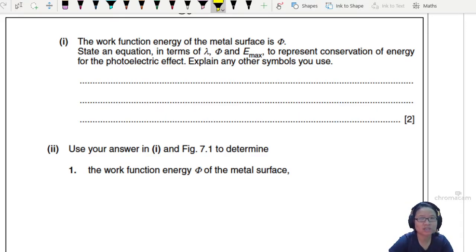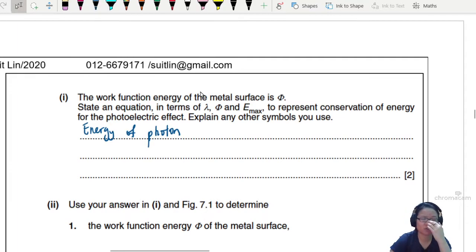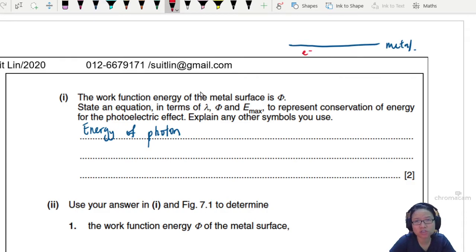Fine. I will say that the energy of the photon is the one that is incident on the metal surface and gives the electron energy. So this is the metal, and we have some electrons under the surface, some a bit deeper, some even deeper.